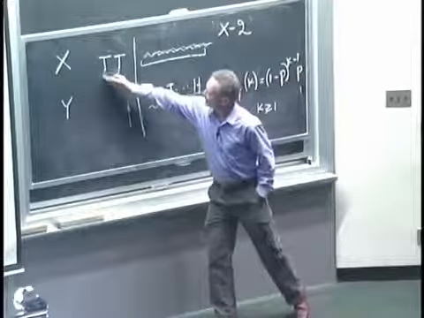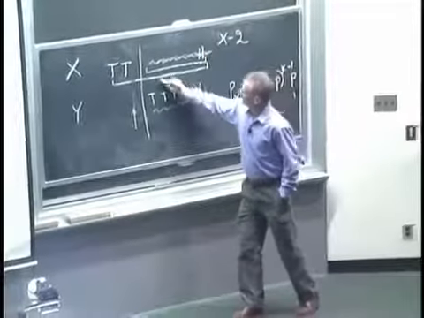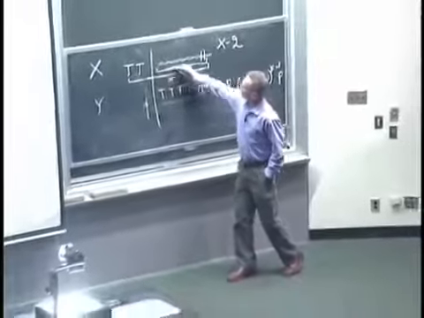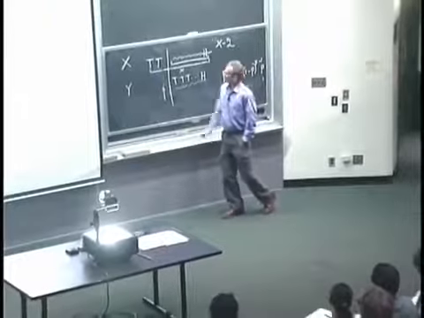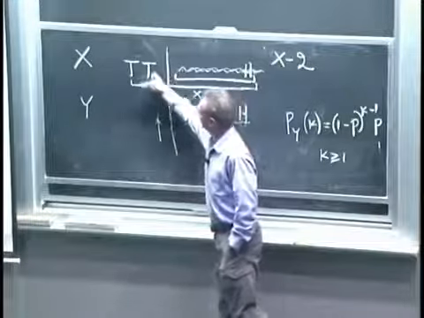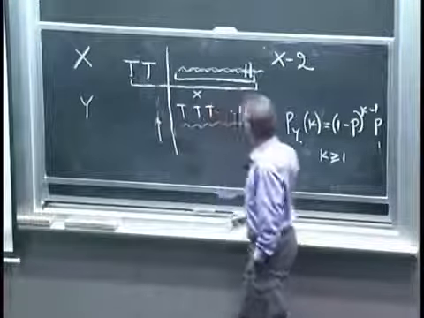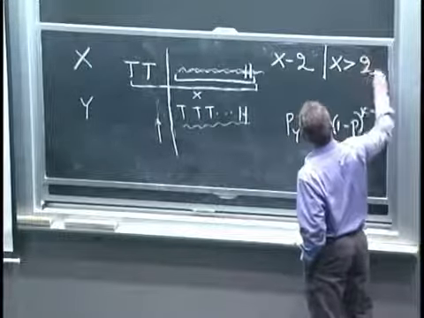So x is the total number until the first head. X minus 2 is the number of flips starting from here. Now, what information do we have about that person? We have the information that their first two flips were tails, so we're given the information that x was bigger than 2.